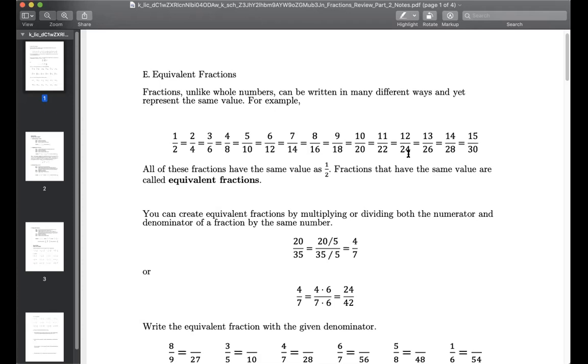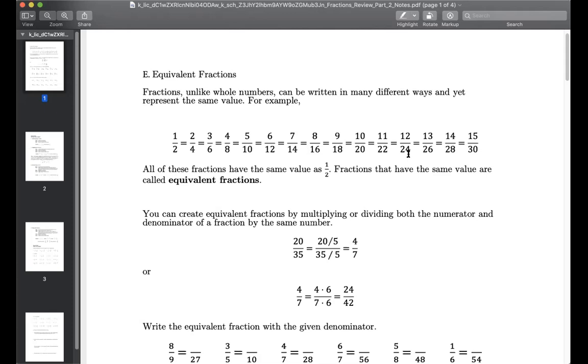All I have to do is multiply both the numerator and the denominator by the same number. That is how you make an equivalent fraction, by multiplying your numerator and your denominator by the same number. Or you can also get an equivalent fraction by dividing your numerator and denominator by the same number. So when you simplify a fraction, you are also creating an equivalent fraction.